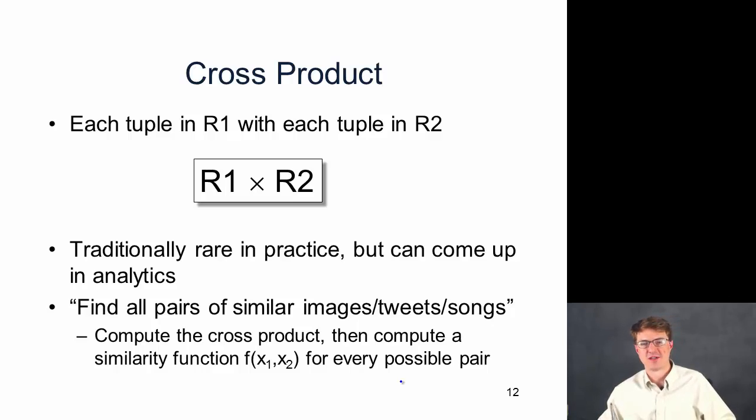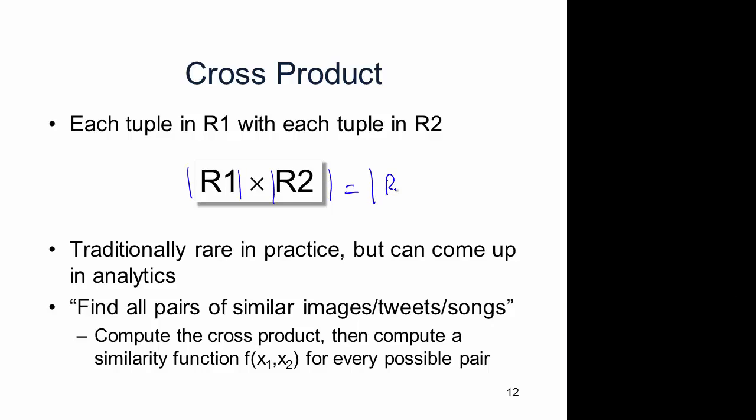A cross product here is, for every combination of tuples in R1 and R2, produce a tuple in the output. And so the size of this thing is the size of R1 multiplied by the size of R2.